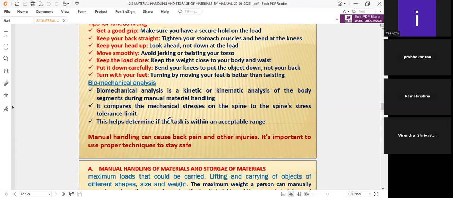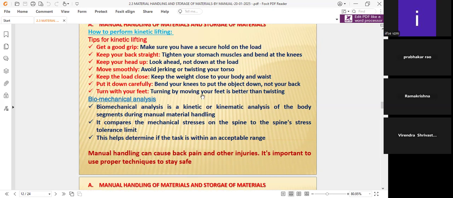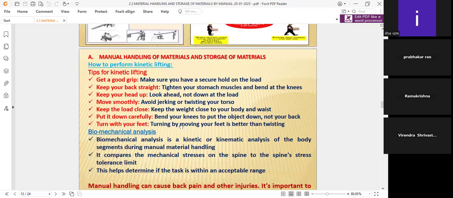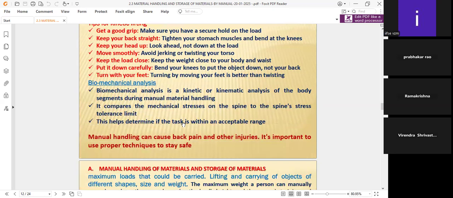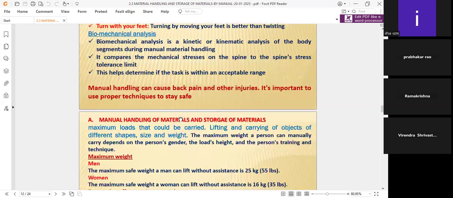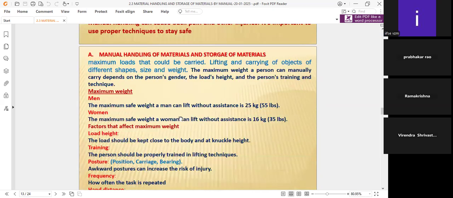That is why, during training itself, not only the postures for lifting objects, but also the consequences if they do not apply all the rules and regulations, as well as safety factors, have to be informed to the trainees. The trainers will definitely satisfy the employees before they begin. That is why before kinetic lifting, safety talks are very, very important before starting the work.